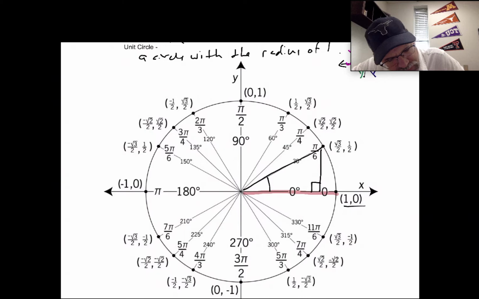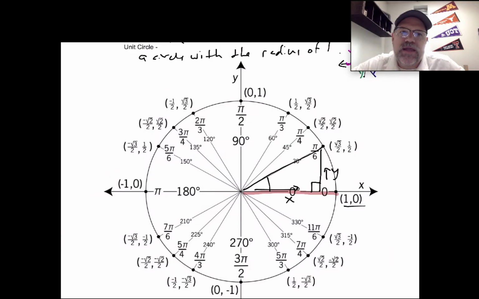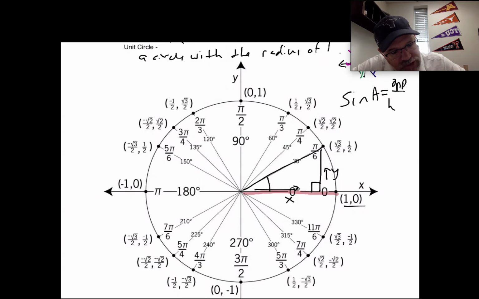Now the value I go across is my x value, and the value up is my y value. And if we think about what's going on here, remember SOHCAHTOA: sine of this angle is opposite over hypotenuse.